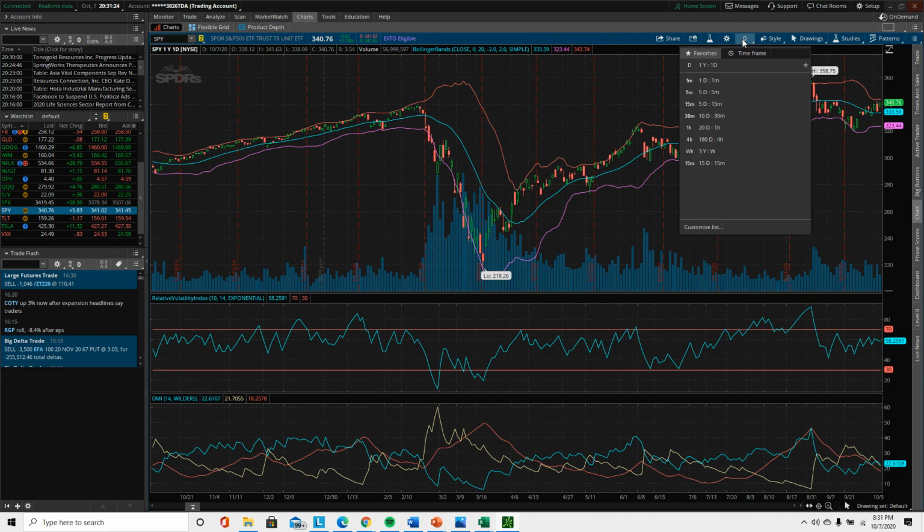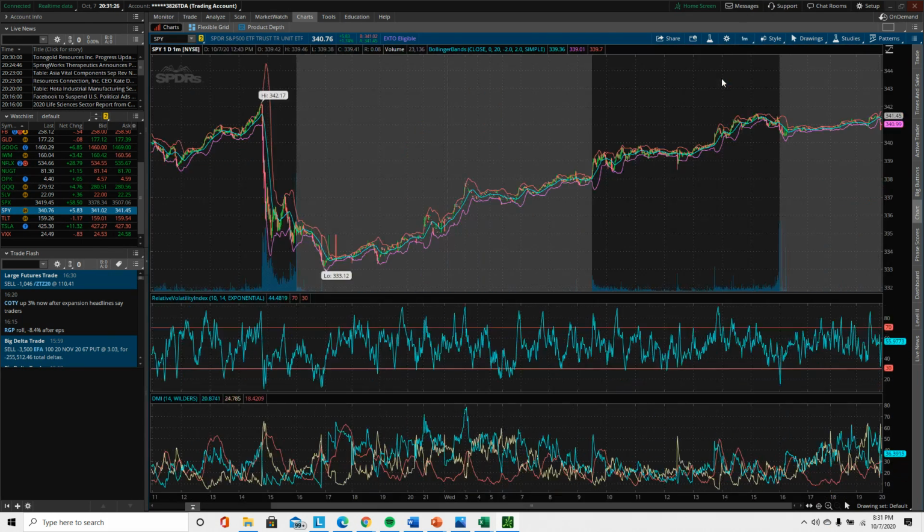So now, when we do the intraday chart, it's going to have these gray and black bars. And these gray and black sections represent when the market is open and when the market is closed.